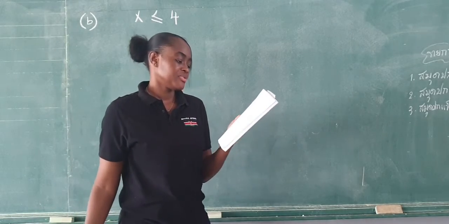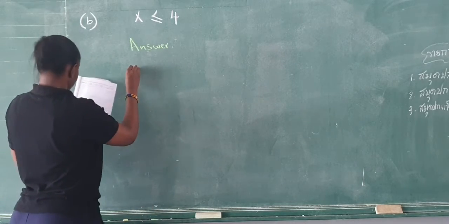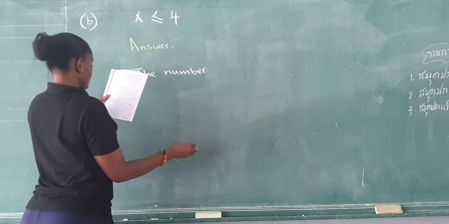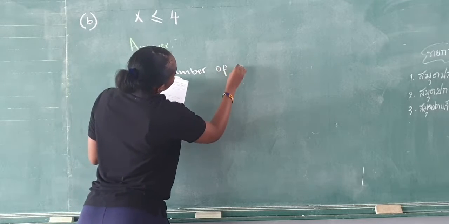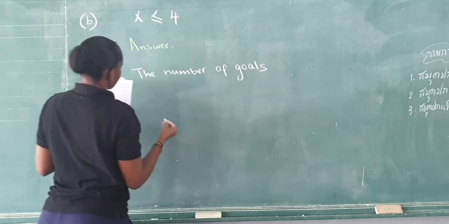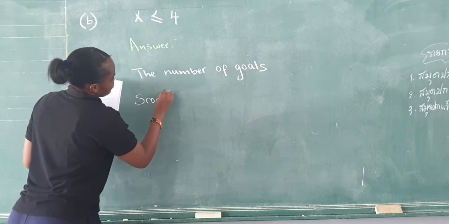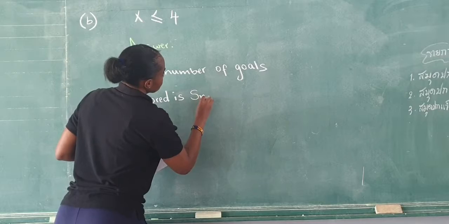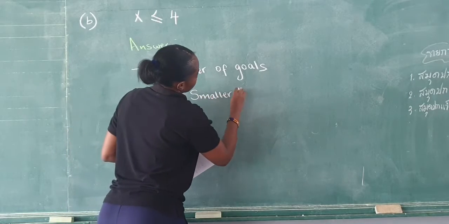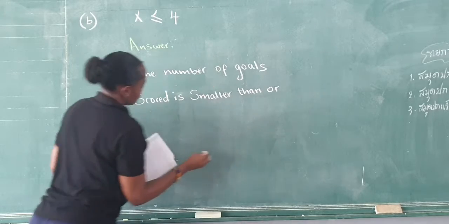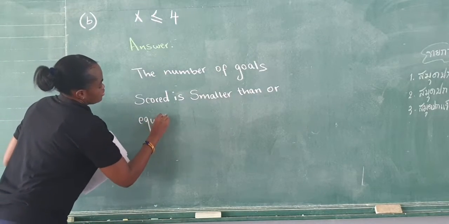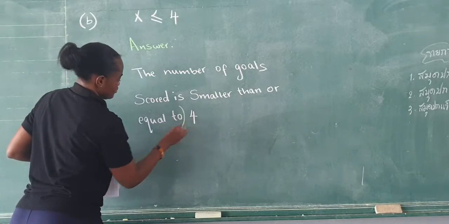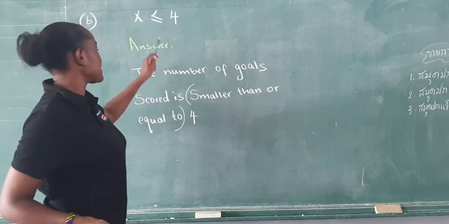So what is your answer? The number of goals, you write. So we are using this symbol.